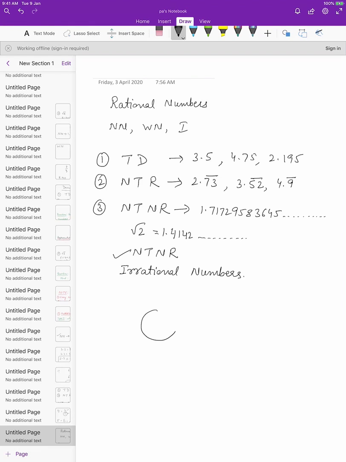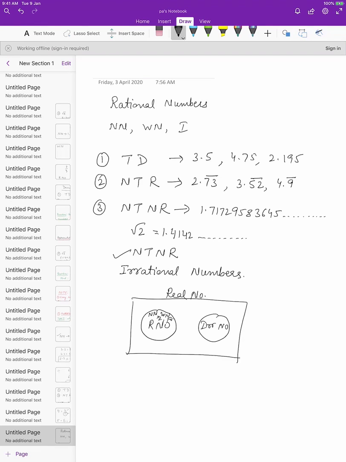One set is a set of rational numbers, another is a set of irrational numbers, and combining these two sets, they are known as real numbers. Now the set of rational numbers automatically contains natural numbers, whole numbers, integers, fractions, all the types of numbers, right.